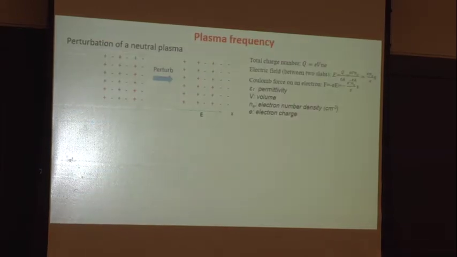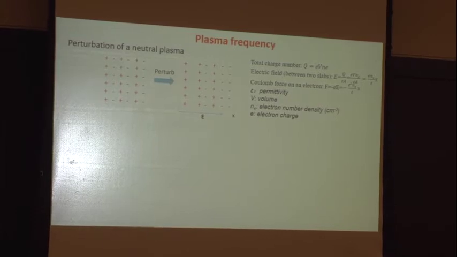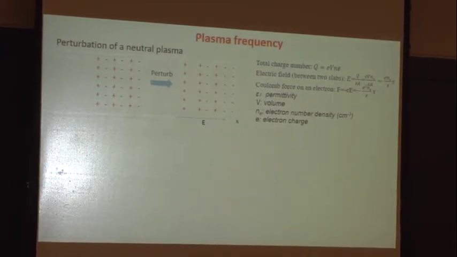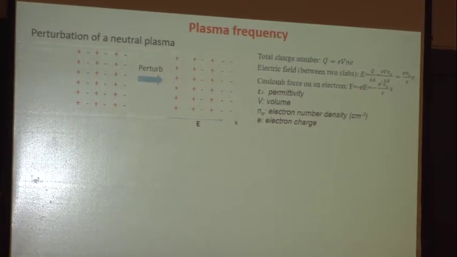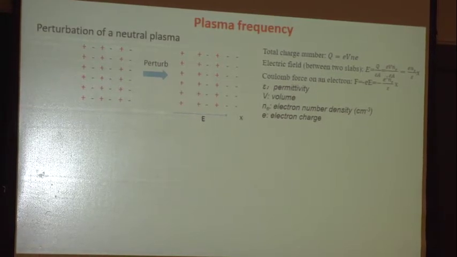One of the important parameters is the plasma frequency. So why do we worry about plasma frequency? In plasma, you have ions and electrons. If you put in an electric field, the ions will move and the electrons will move, right? If the frequency is very low, the ions will follow whatever electric field you put there.